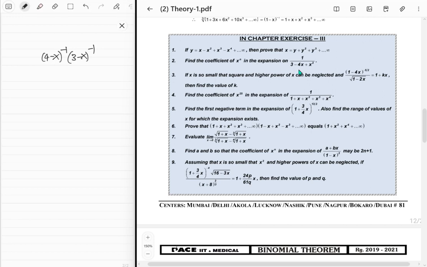Okay, think about it. You can't just take n derivatives. That's just not good. Coefficient of x power n in the expansion of this. How would I do it? I mean, if it was just 1 upon 4 minus x or something like that, it was so much doable.